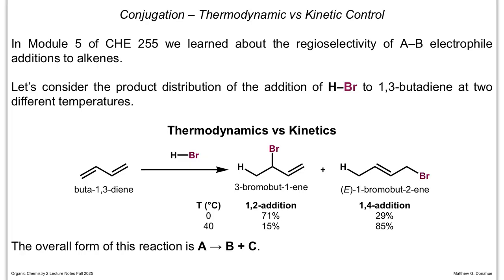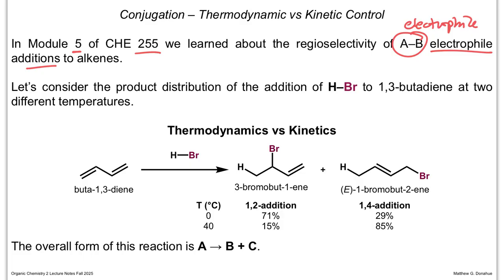So as we said, continuing on from Module 5 of 255 about electrophilic additions. And so we were saying this general reagent, AB, was an electrophile. And then the pi bond was the nucleophile.